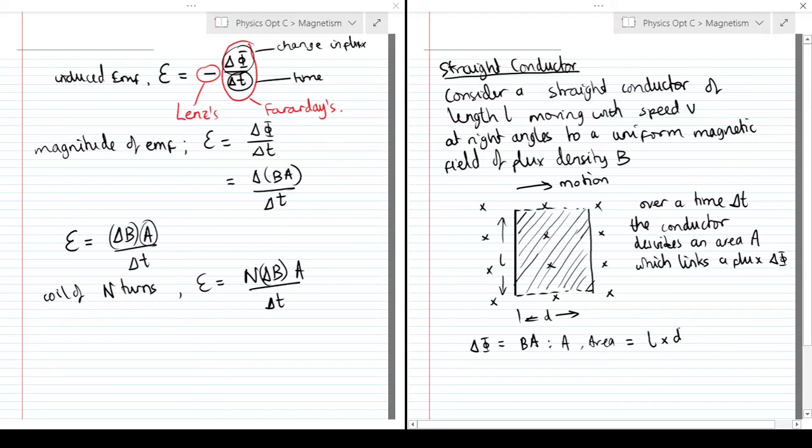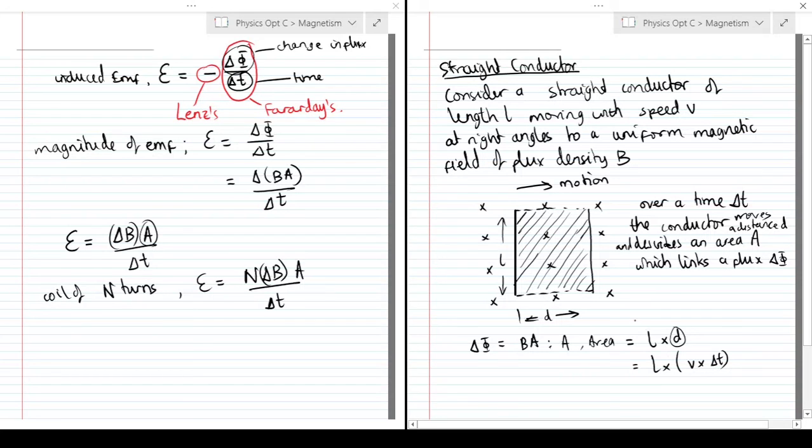But the distance D itself is the speed of the conductor multiplied by the length of time. So over time delta t, the conductor moves a distance D, and therefore describes an area A, which links a flux delta phi, right?